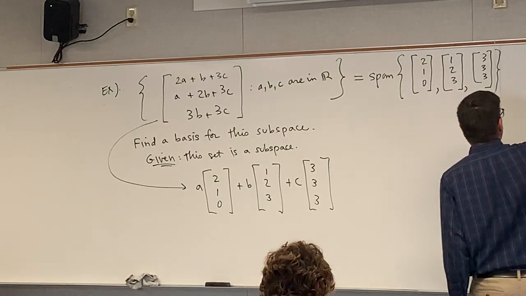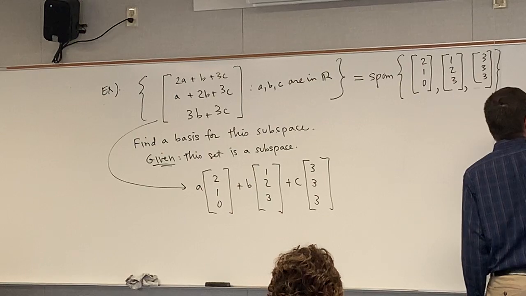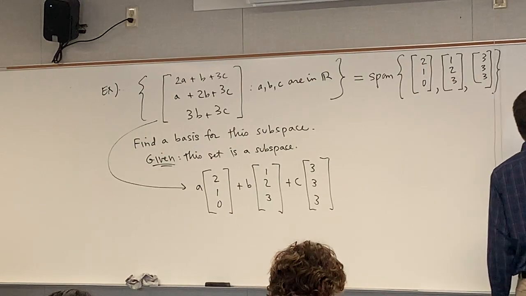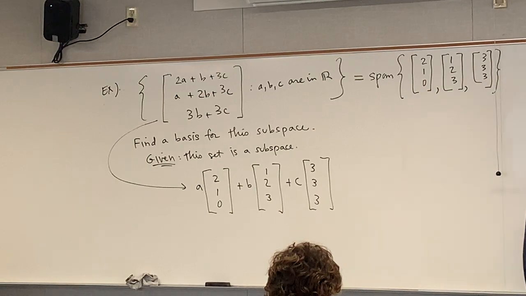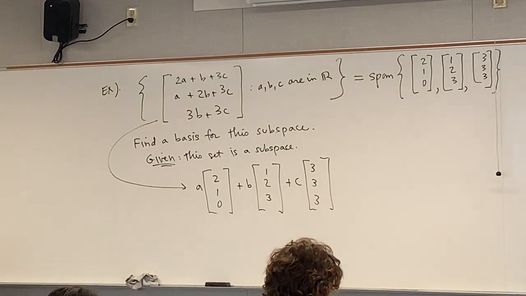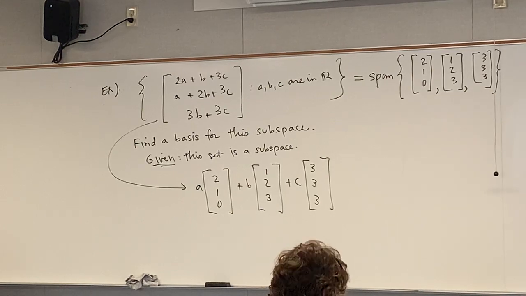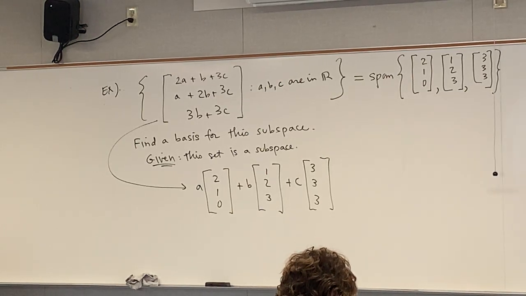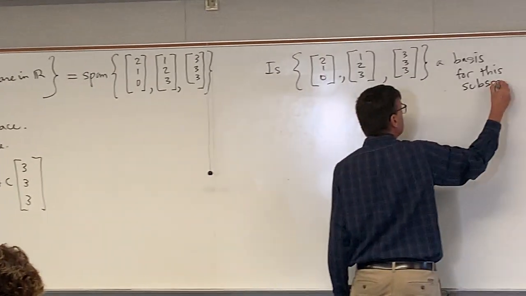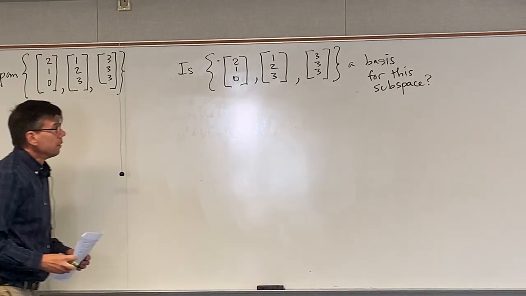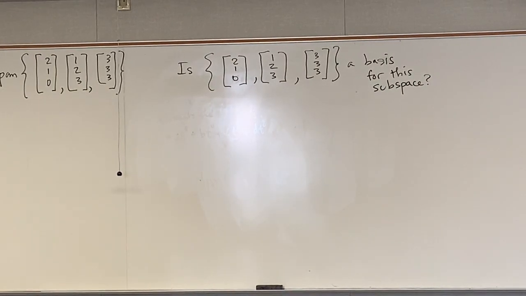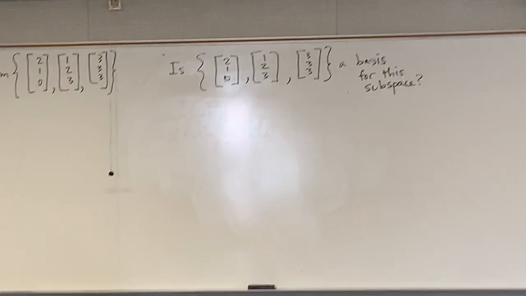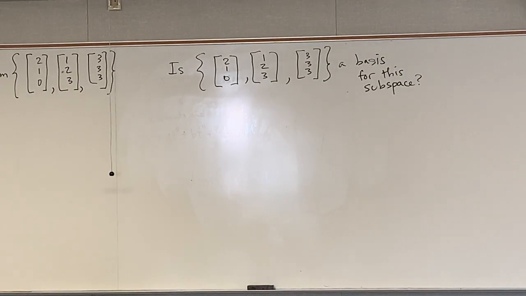Is the set of (2, 1, 0), (1, 2, 3), and (3, 3, 3) a basis for this subspace? I mean, it could be. I heard a no. I only heard one no, though.